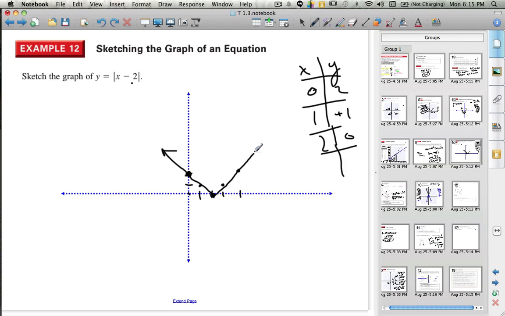And this is what the graph of my absolute value looks like. Because when I put 3 in here, this guy's going to be symmetrical. 3 minus 2 is 1. 4 minus 2 is 2. And there we go.